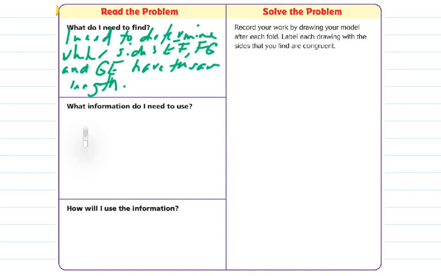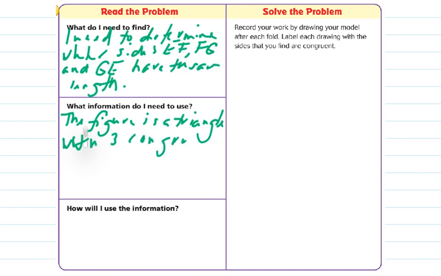Next, what information do I need to use? We would say the figure is a triangle with 3 congruent angles. Next, how will I use the information?